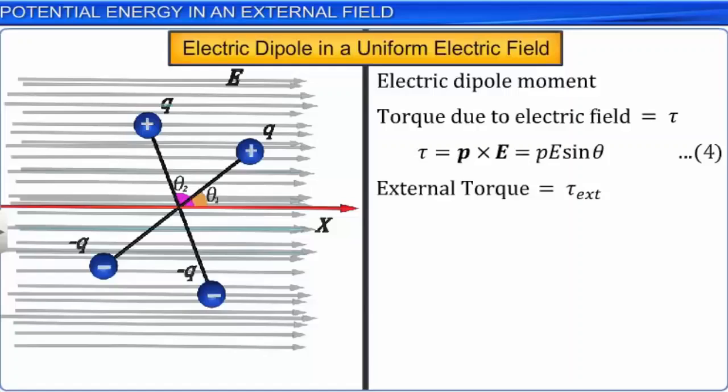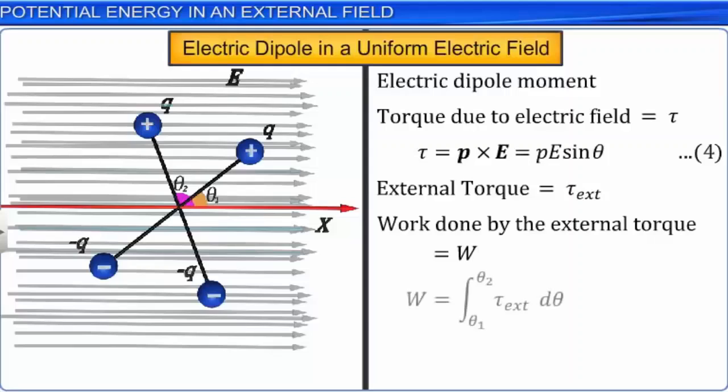Let the work done by the external torque in this process be W. Then, W is equal to integral tau external dot d theta in the limits θ1 to θ2, as tau external is equal to tau.